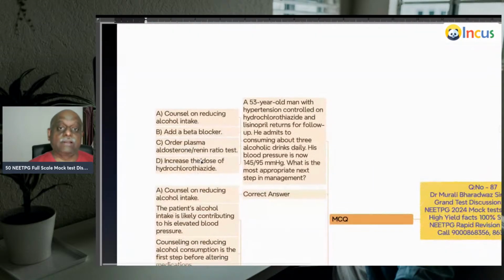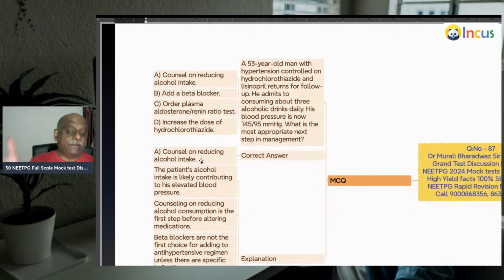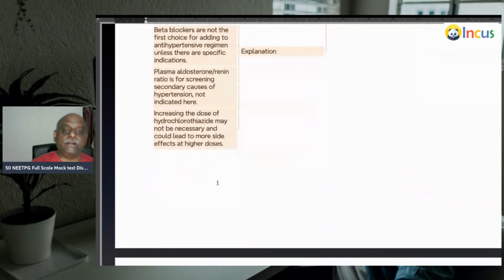Now, doctor, a 53-year-old with hypertension, controlled on hydrochlorothiazide and lisinopril, takes 3 alcoholic drinks every day. His BP is elevated. Unless you stop the drink, your BP doesn't stop. So the patient's alcohol intake is what is contributing to his elevated blood pressure, is what you need to remember.